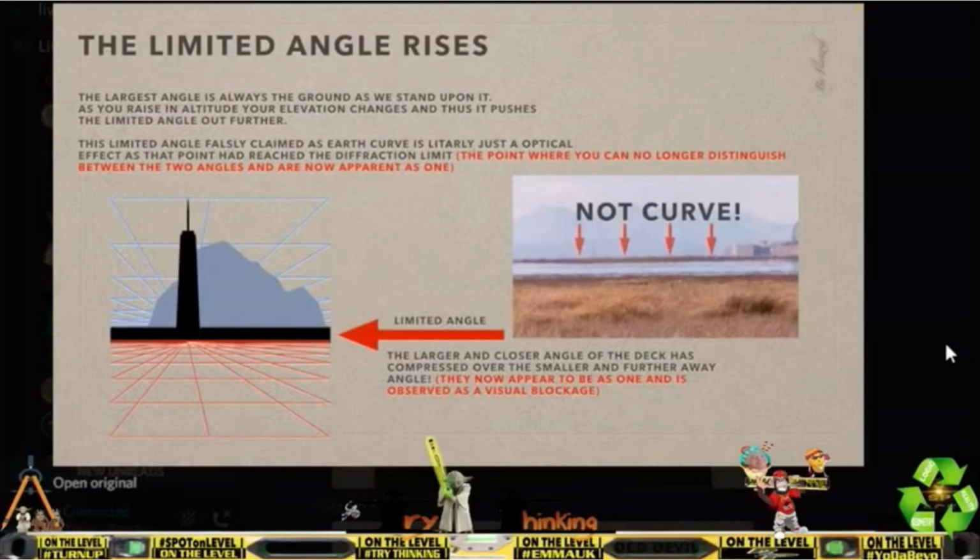Yeah, and why you can have the effect. I'm just saying it would be what they call the horizon line for the Earth curve, because they wrongly associate it as the Earth curve blocking something in the distance, which is literally just the raised limited angle towards the viewer's deck.